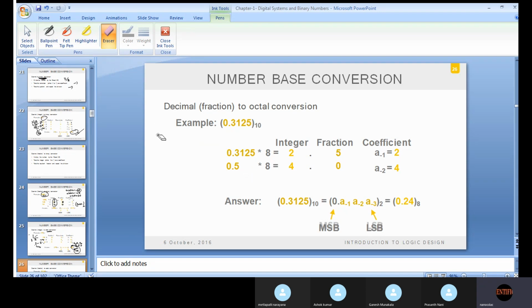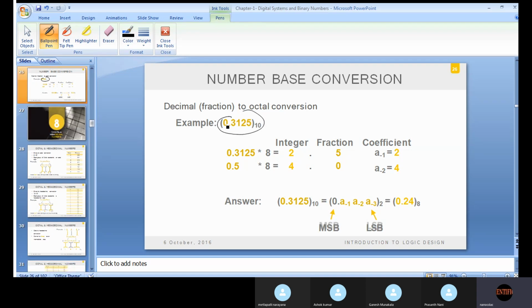Decimal to octal conversion. Decimal means value, the same fraction. Previously we took the integer value. For fraction, again 0.3125 into 8. So what we are getting, 0.3125 into 8 is equal to 2.5. 2 is the integer, 5 is the fraction. Again this 0.5 you multiply with 8, you are getting 4.0. Okay, 4 is the integer and 0 is the fraction.